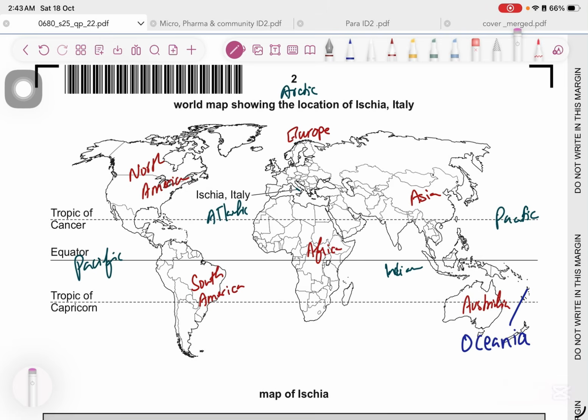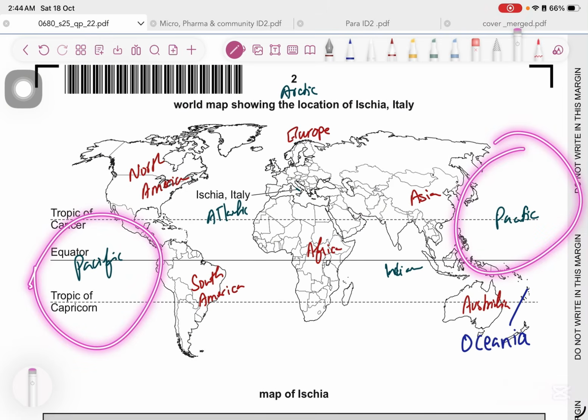Right and left, you got Pacific, okay? Right next to Africa and America, you see a lot of A's. That's gonna be Atlantic.